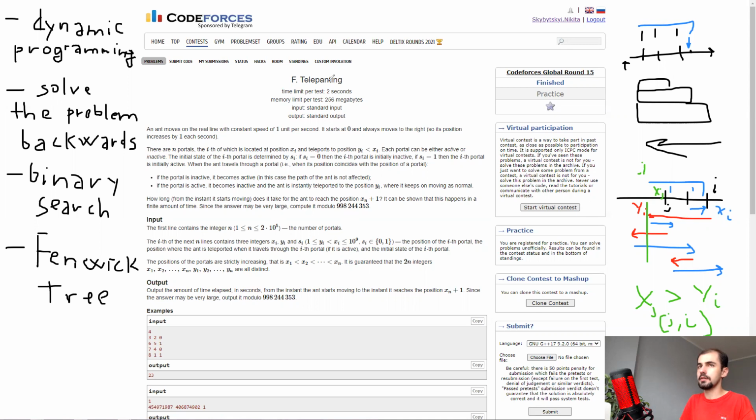So with that in mind, let me pull the implementation up so that we can look at it together and maybe find something interesting.